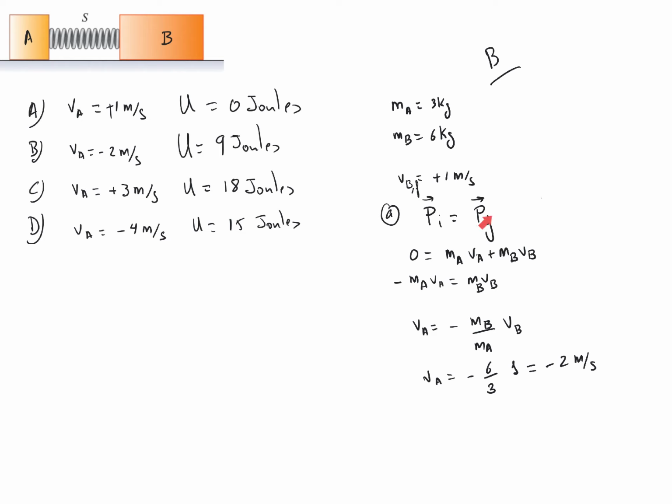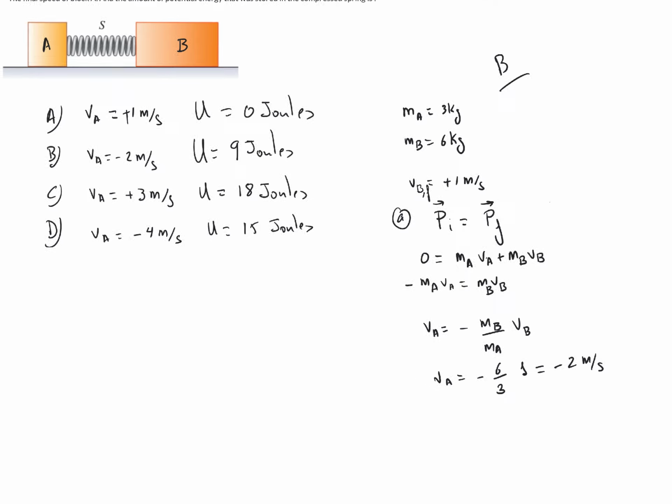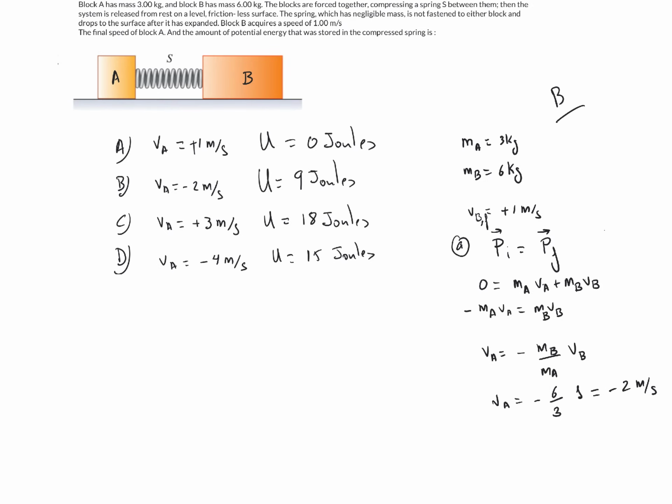So the final momentum is MAVA plus MBVB, but from here we know that minus MAVA equals MBVB, so VA will be minus MB divided by MA times VB. Plugging in the numbers, VA is minus 6 over 3 times VB, so minus 2 meters per second.